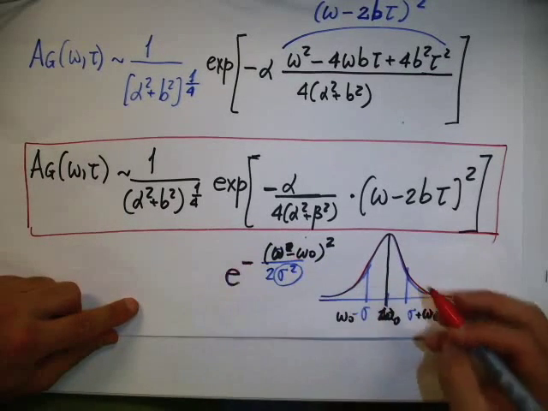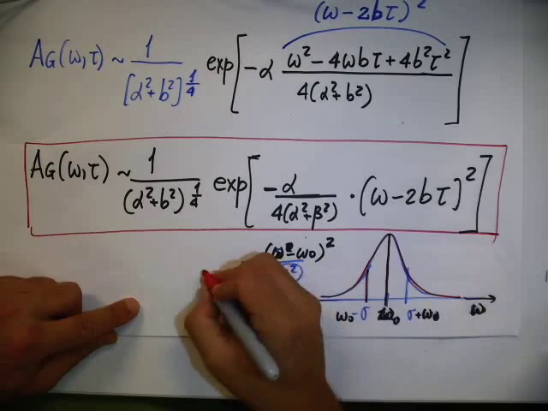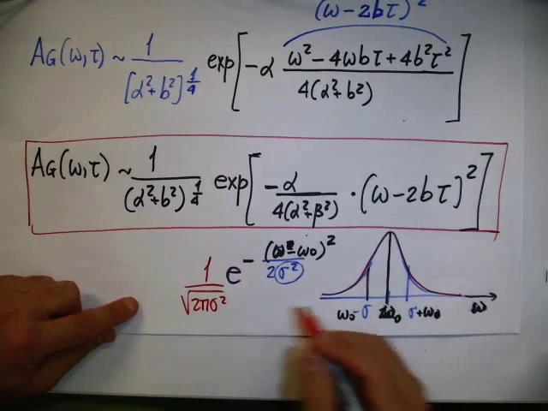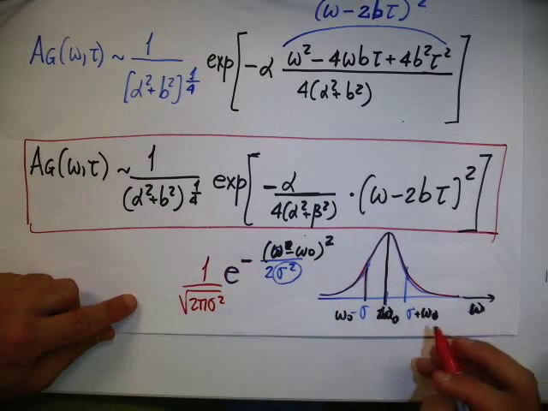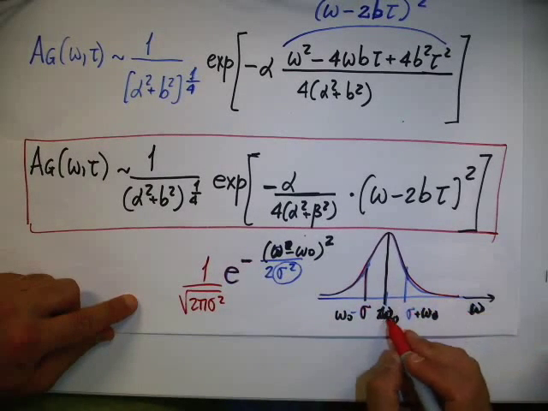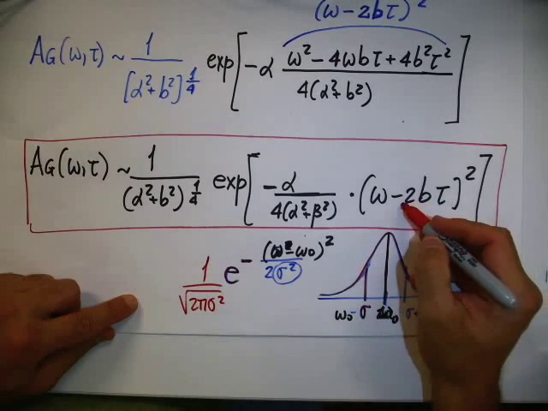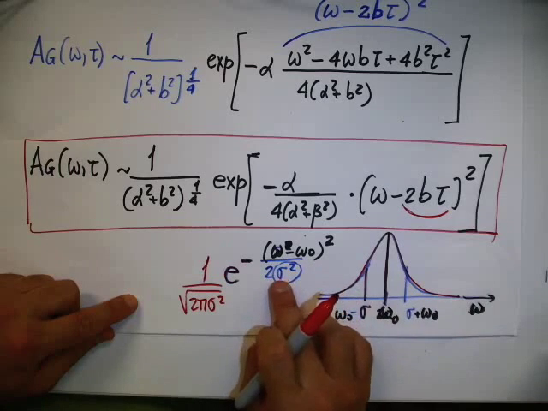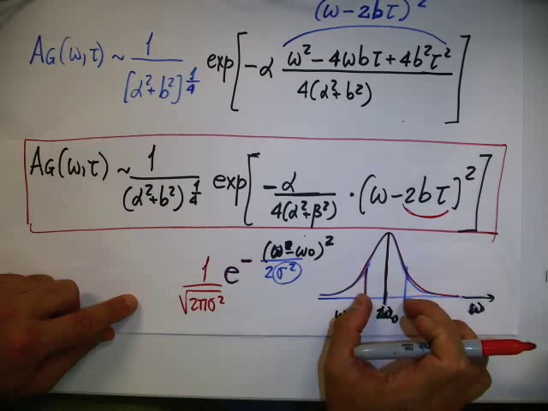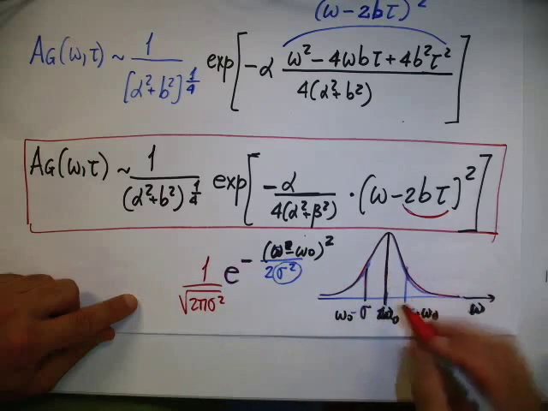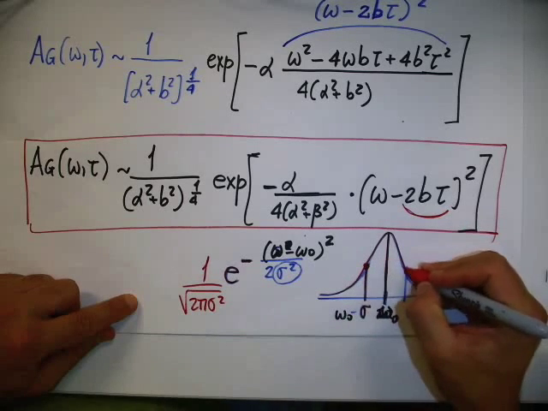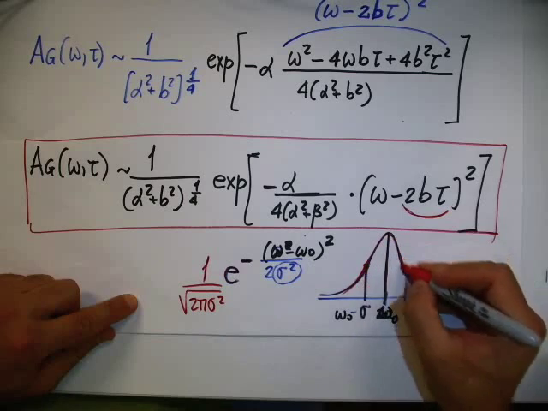And we know that for a Gaussian, in general, we have 2 pi sigma squared, if we think about a PDF of a Gaussian distribution. So omega naught is the mean value, and then the standard deviation is given here. The sigma squared is the variance that gives me the spread around omega naught, by plus sigma and minus sigma. And here, these are the inflection points where the curvature changes.